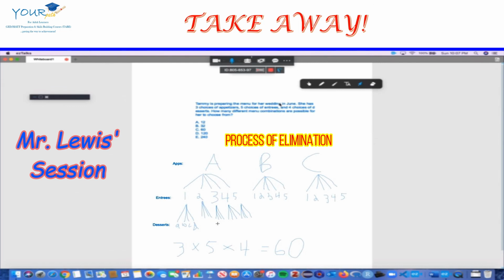We would then decide between 12 and 60, which should be a decision of, do we add these numbers together or multiply them together? Multiplying them together makes more sense, since in the diagram we have 3 levels of choices, and we need to multiply these numbers together to get the number of choices in our diagram, which is 60, whereas 12 is much smaller and didn't really make sense with the diagram that we drew.